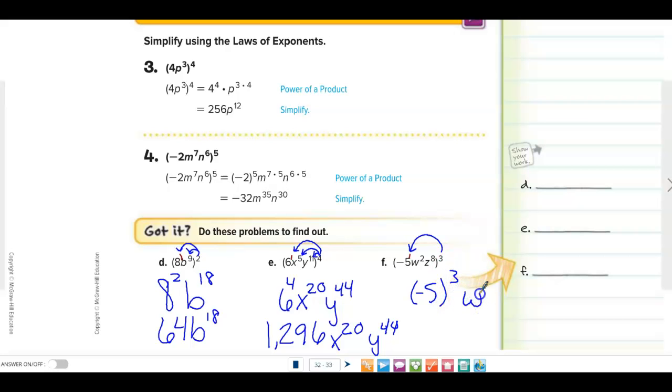W to the what? And z to the what? 24th. Okay? Make sure that you put your negative 5 inside parentheses. Michaela, is my answer going to be negative or positive, and how do you know? Because I have an odd number of negatives. So what did you get for a final answer? Negative 15,000 what? And then what else did you have?